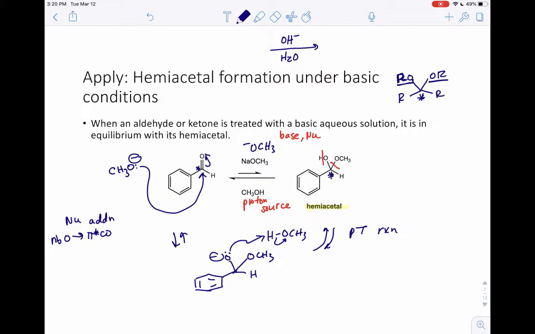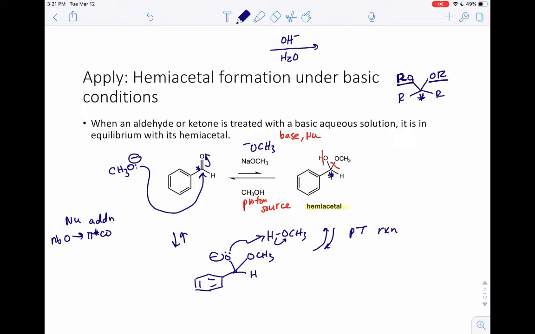For the hemiacetal here, we have one alcohol, so one little ether-looking group, and then one hydroxyl, one OH, bonded to the same carbon. So it's half of an acetal. It only has one of the OR groups, not both. And when you're in basic solution, the hemiacetal is where it stays.